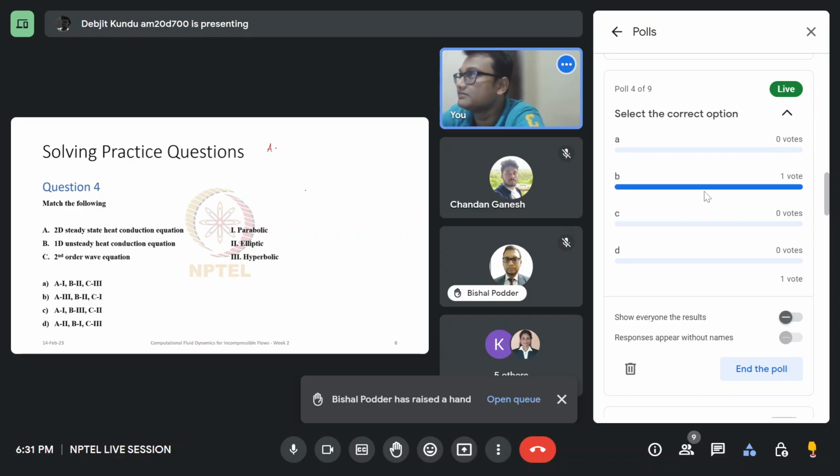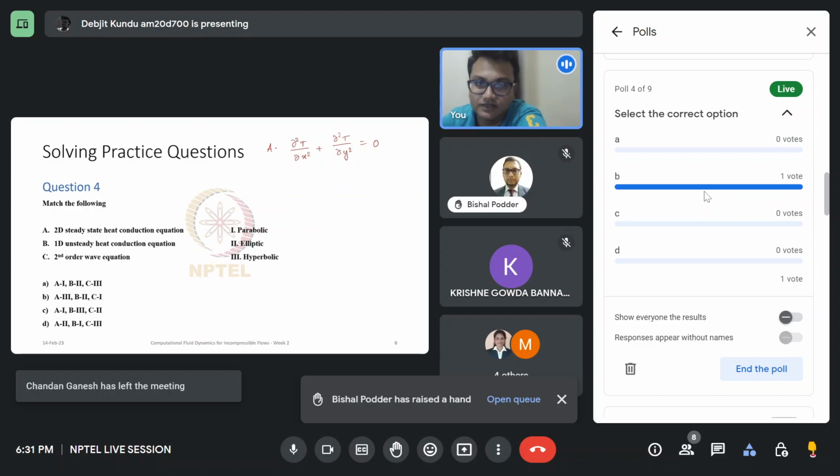No one to help? Okay, so I'll start doing it myself. Basically, the 2D steady state heat conduction equation looks something like this. If x and y are my two coordinates and T is the temperature, then this is how it looks. Correct? Am I wrong? Correct me if I'm wrong.